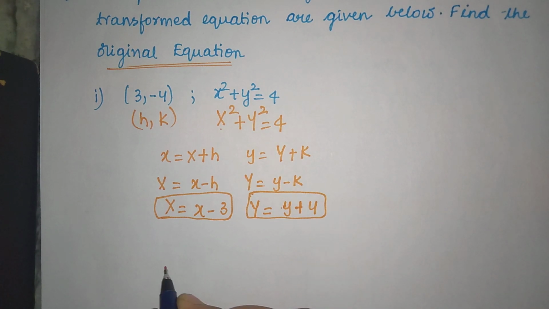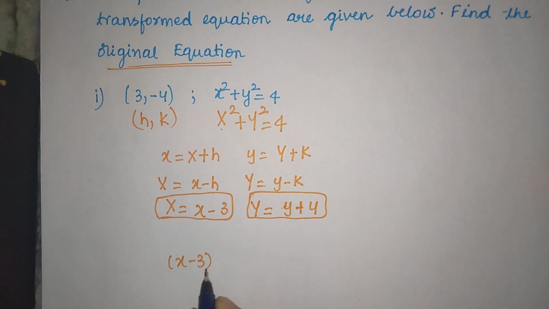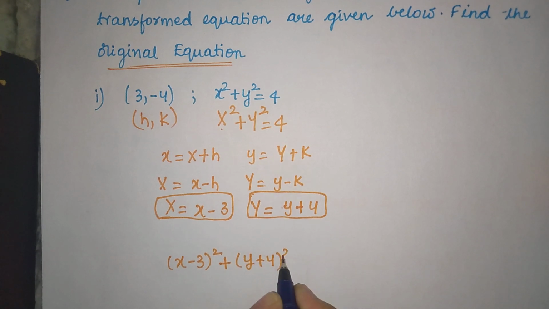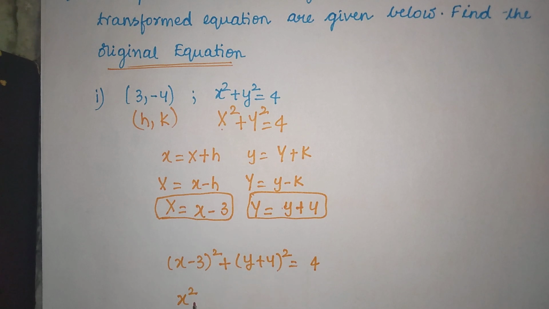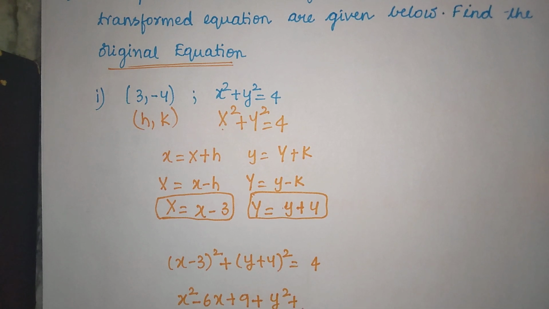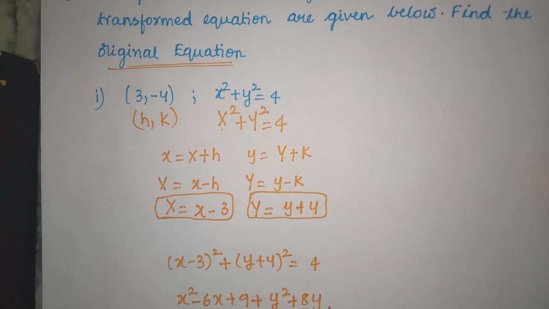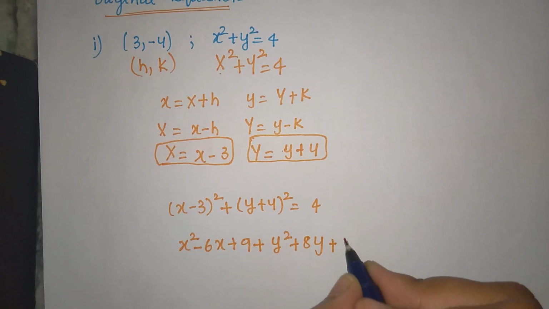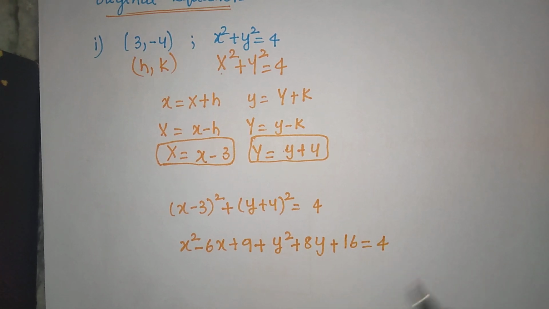So you will have small x minus 3 whole square plus small y plus 4 whole square is equal to 4. You will get x square minus 6x plus 9 plus y square plus 8y plus 16 is equal to 4.